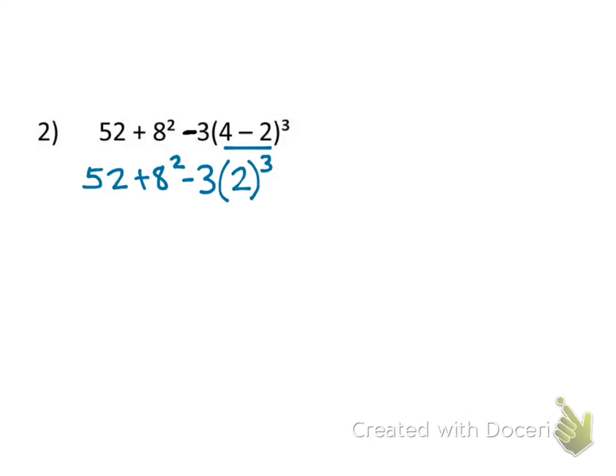Very good. The next step I want to deal with the what? The exponents. You can work the exponents left to right. So I have 52 plus, what's 8 squared? 64 minus 3.